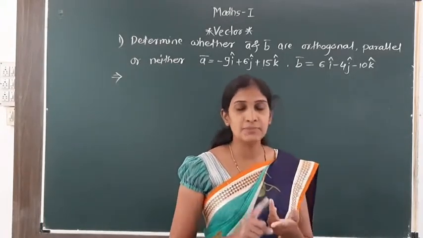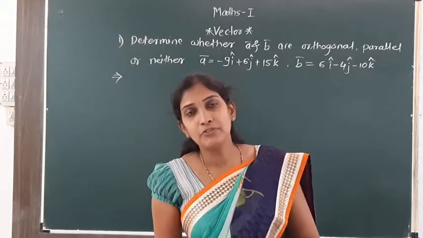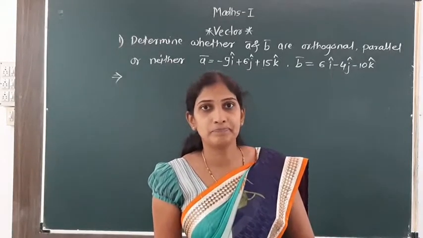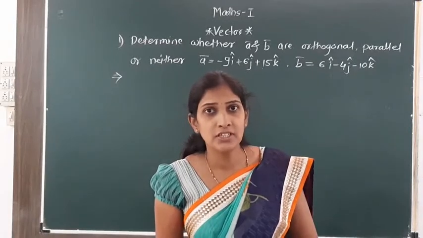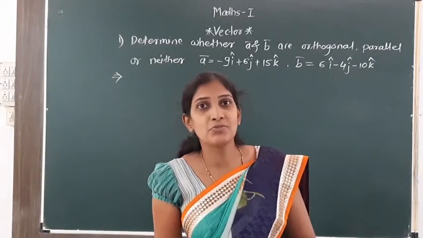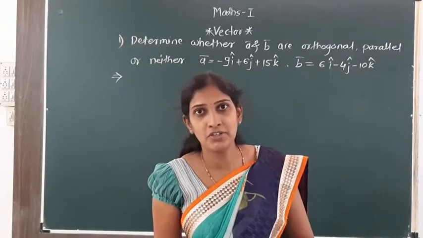So we know the concept of perpendicular. If A bar dot B bar is equal to 0, then these two vectors are perpendicular.